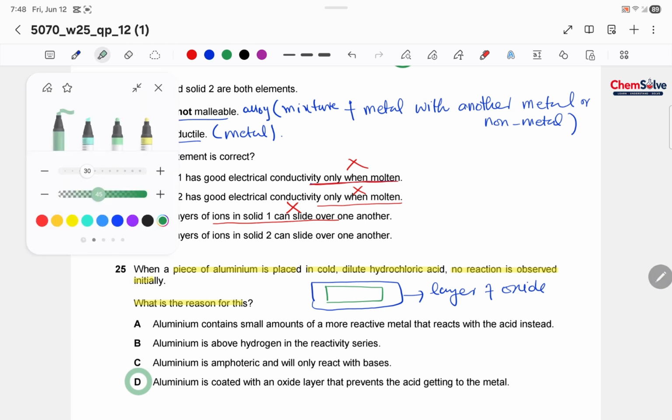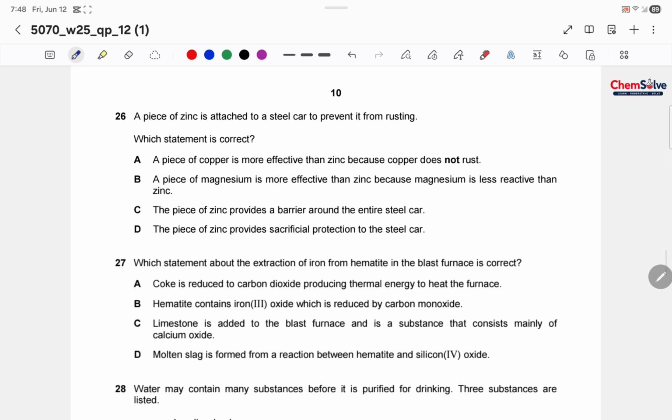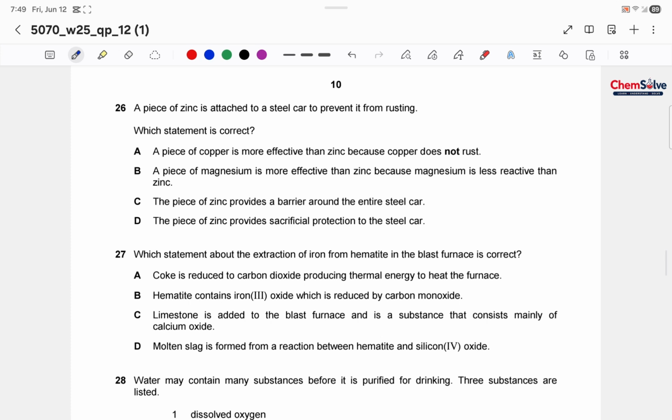Okay. Next question. Question number 26. A piece of zinc is attached to the steel car to prevent it from rusting. Which statement is correct? Okay. Before looking at the options, just discuss one thing.